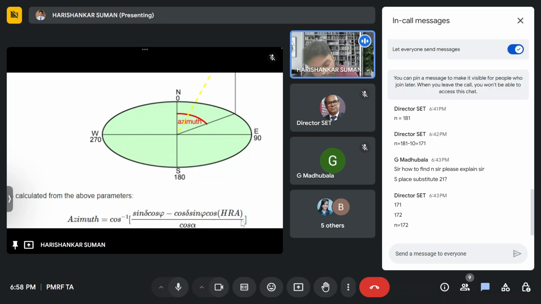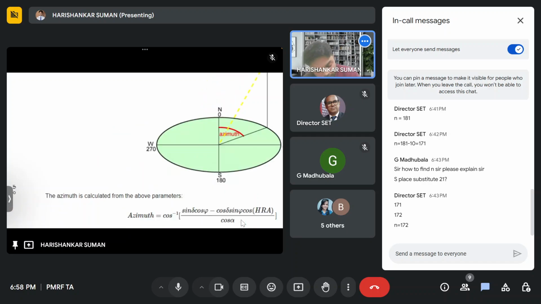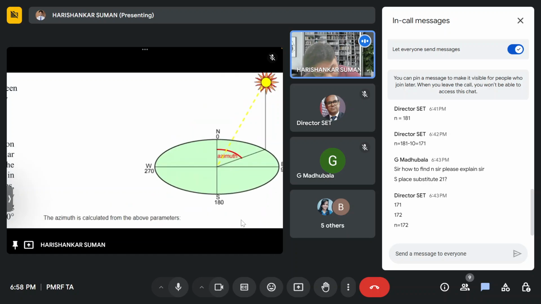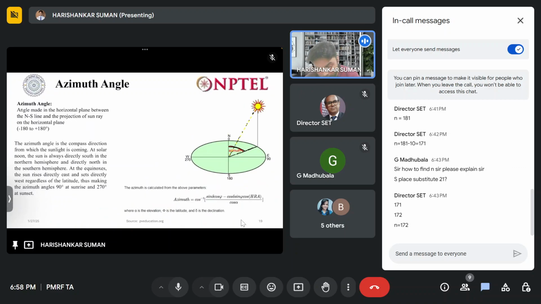From the North Pole to the shadow of the sunlight on the horizontal plane, this angle is known as the azimuth angle. So imagine this angle also, and the formula for this.